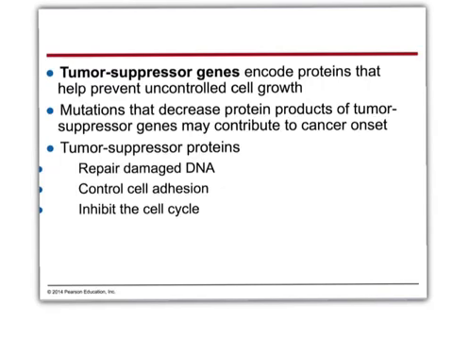And so the tumor suppressor genes, they encode proteins that help prevent uncontrolled cell growth, okay? And there's loads of these that are available too, all right? But they work to stop the cell from growing during those checkpoints, all right? They work to most likely repair damaged DNA. They control cell adhesion.